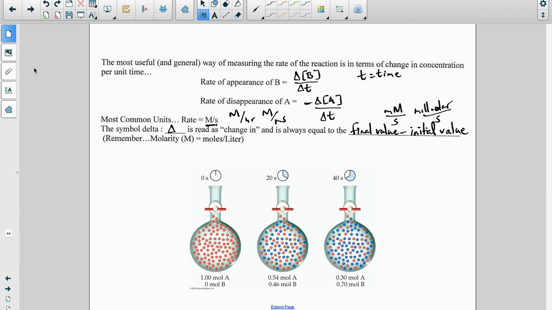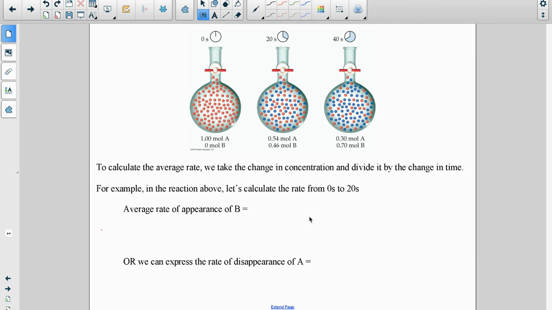And just recall, molarity is moles per liter. Occasionally, people will put the rate in molarity per second. They could use moles per liter per second. Sometimes they will use moles per liter instead of the big M for molarity.